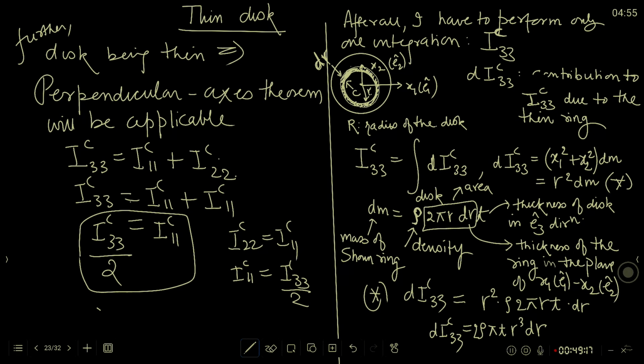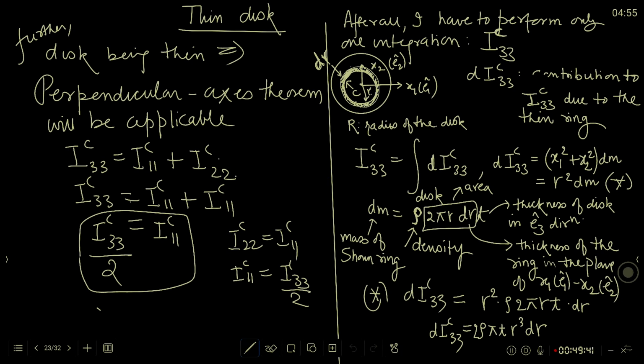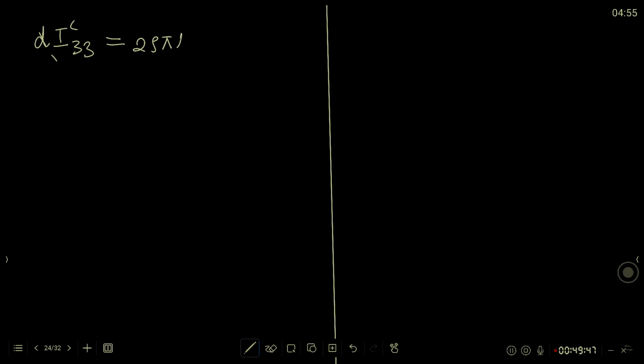Right? Are we ready to do the integration? I think it should be quite straightforward from here. DIC33 is 2 rho pi T r cube, right?